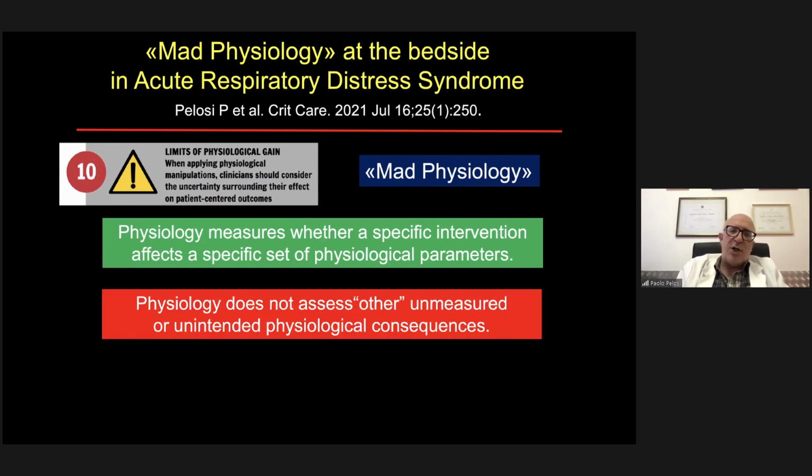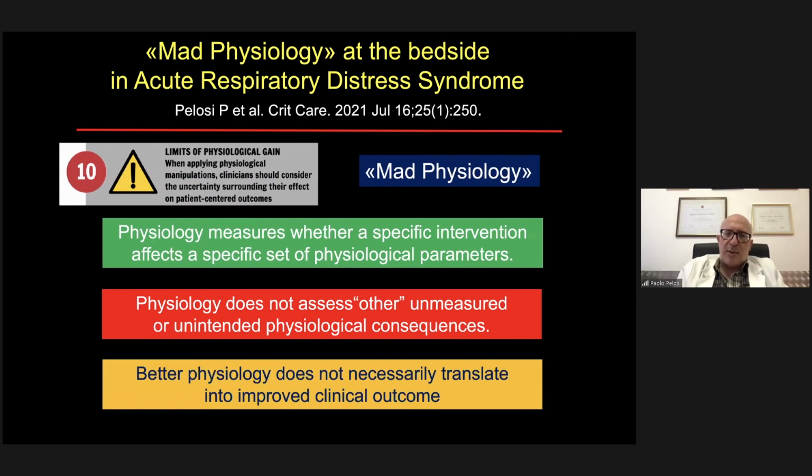However, physiology does not always assess other unmeasured or unintended physiological consequences. So better physiology sometimes does not necessarily translate into improved clinical outcomes. So we always have to balance the optimization of physiological parameters and real clinical outcomes.